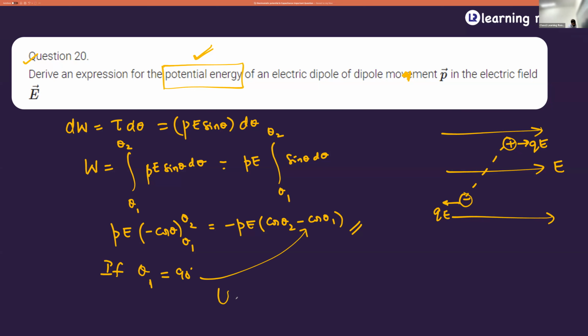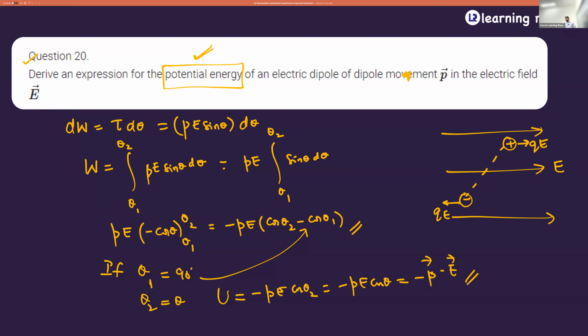I'll get U is equal to minus PE cos theta 2. So if I take theta 1 as 90 and theta 2 equal to theta itself, in the place of theta 2, I can substitute theta.